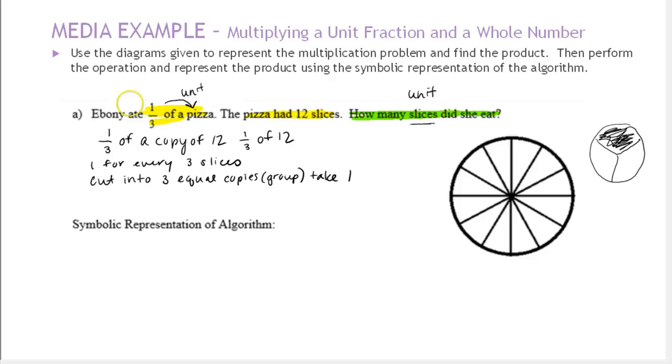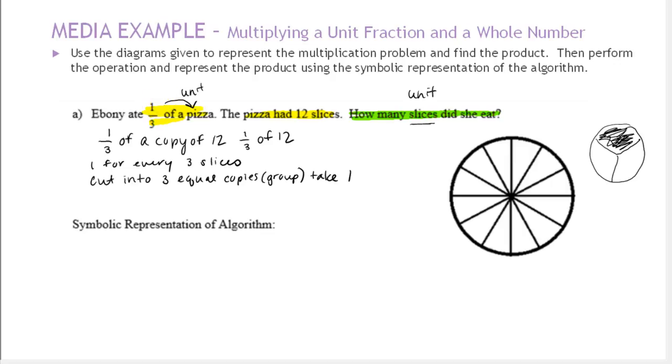So here the 3 equal copies is referring to the denominator, and the one group or copy we want is referring to the numerator. Now the reason I'm saying groups instead of copies is, remember, we're cutting this into 3 equal pieces, but when it's already cut into 12, it seems weird to say we're cutting it into 3. We want to group these 12s into 3 equal copies. So let's see what that would be.